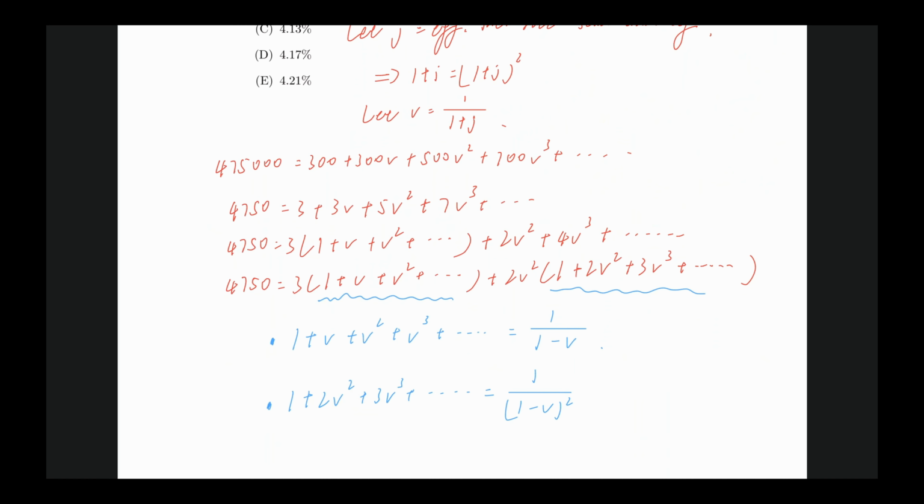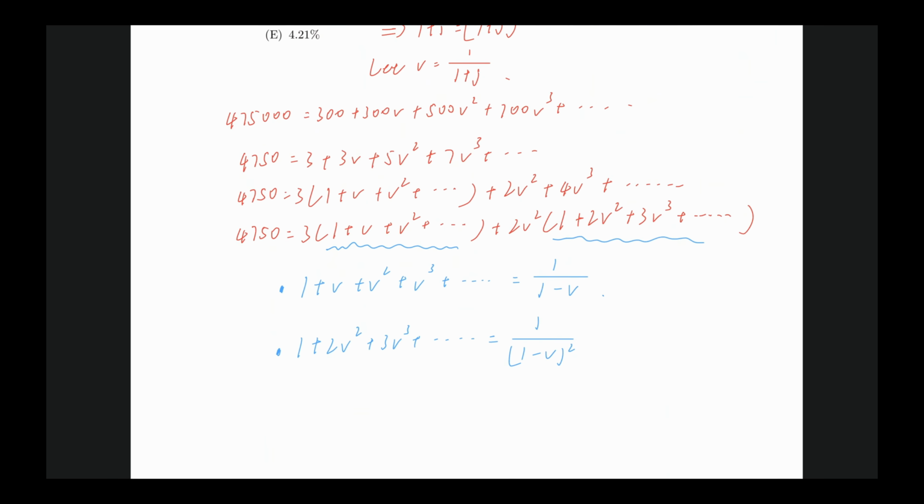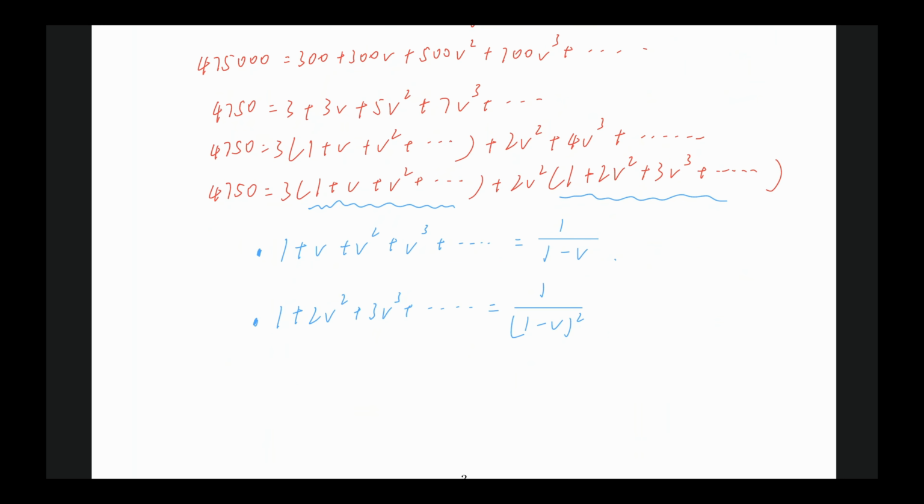And you guys may wonder, why is that? This is such a weird result. Well, one way to think about this is that we can write all of this as S. Let's assume this is S, and we consider SV. So SV is going to be v plus 2v squared plus 3v cubed plus blah blah blah. And then we find the difference, S minus SV.